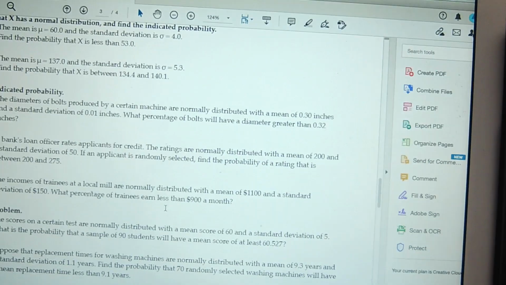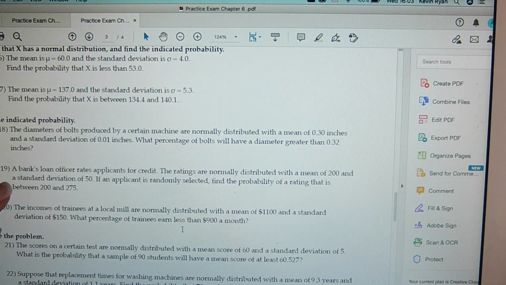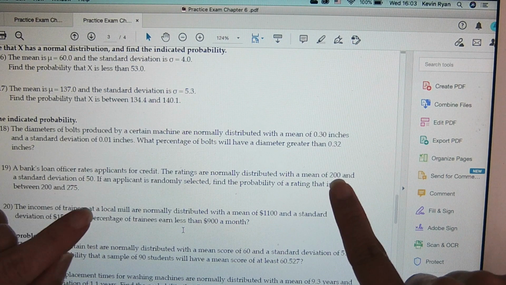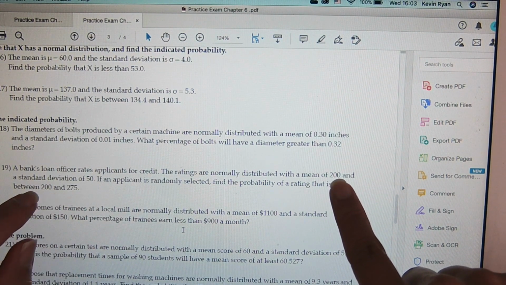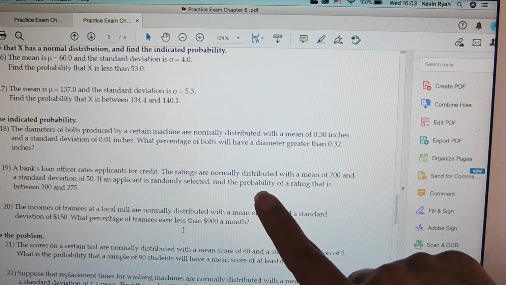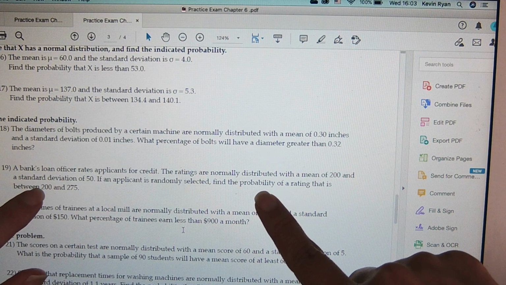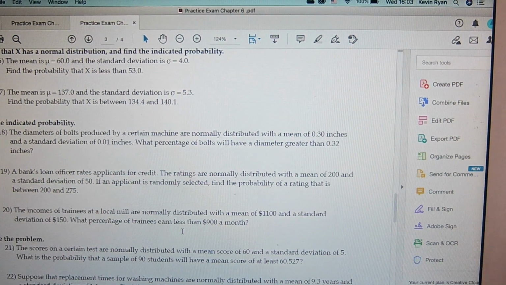Everything is the same. This is the mean, that's the standard deviation. I'm looking for the probability between 200 and 275. That's the lower, upper, mean, standard deviation. This is normal CDF again. That's all you're doing.